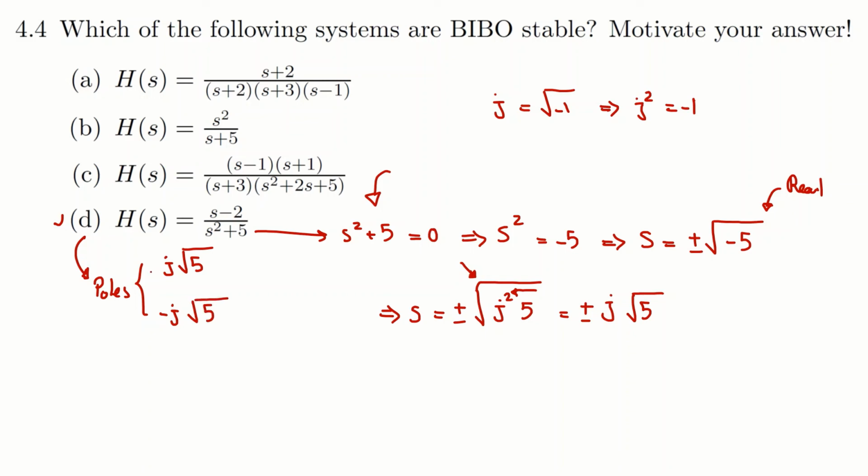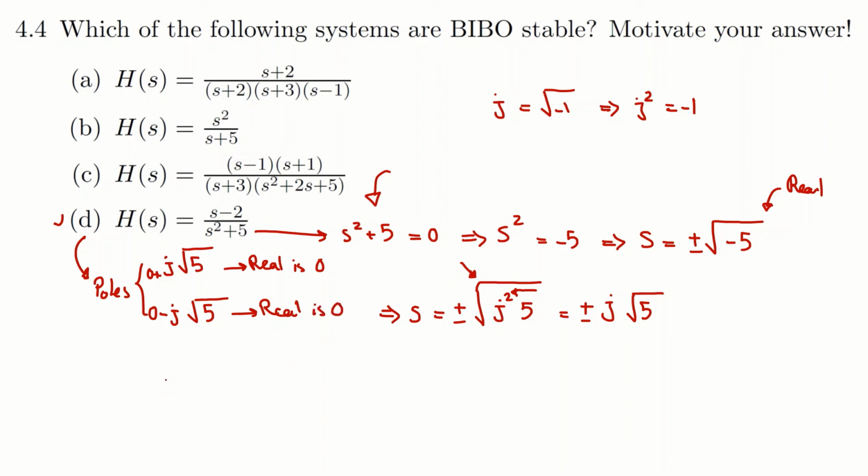If I want to write this in the format of a rectangular complex number, then it is 0 plus j square root of 5, or 0 minus j times the square root of 5. And you see that the real part here is 0, and the same here, the real part is 0.